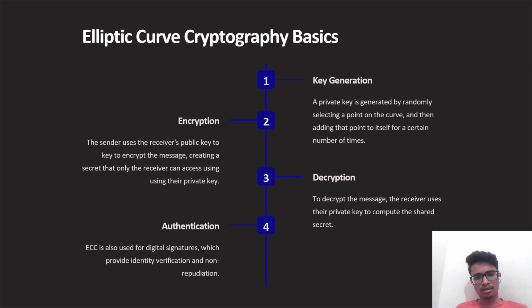There is a public key as well as a private key. The private key is given to the receiver, who uses it to access the message that has to be decrypted. So this is decryption.